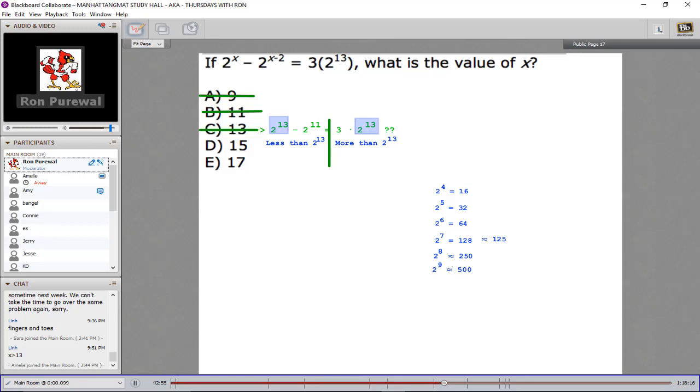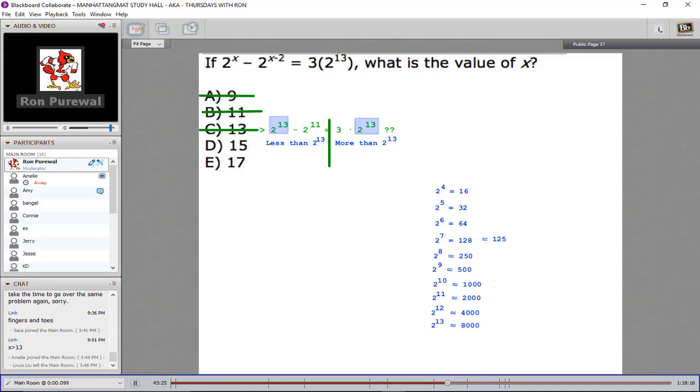If the answer choices were close enough together, then you might have to actually calculate these exactly, but they're not really that close. So 2 to the 11th is approximately 2,000. 2 to the 12th is approximately 4,000. 2 to the 13th is approximately 8,000.